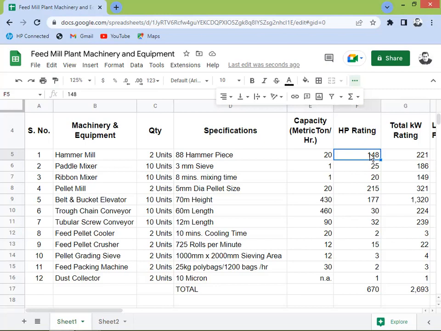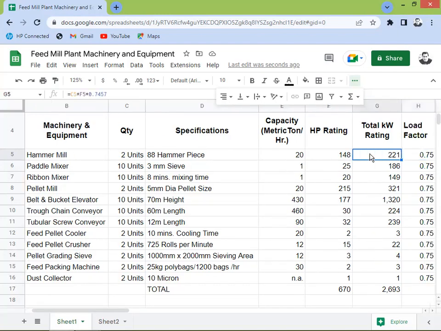But what's important for the budget is the horsepower, because most electrical motors usually indicate the horsepower rating on the information plate of the motor. But some motors also indicate a kilowatt rating on the information plate.